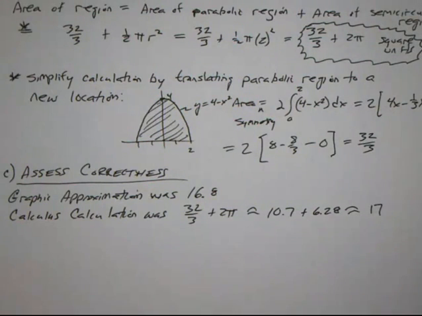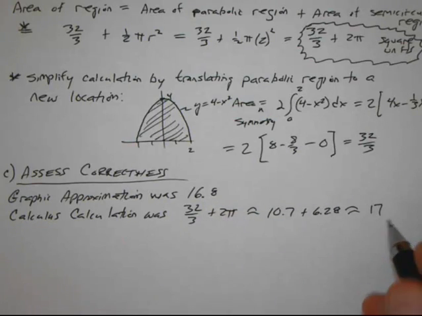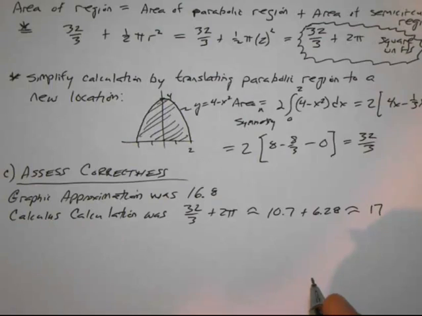Oh, this is really nice because with 16.8 and 17, 1.7 would be 10% and 0.17 would be only 1%. These two results are within 2% of each other. So that would make them surely consistent. And thus we believe that the solutions to parts A and B are very likely correct.